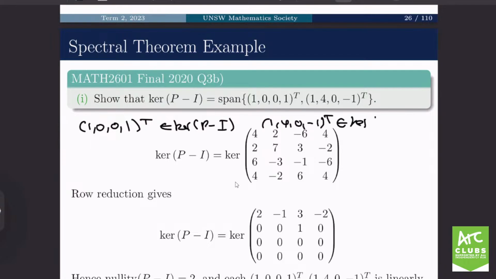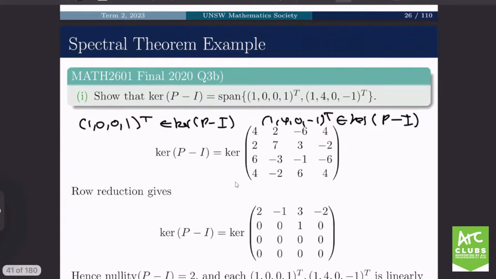Further, you can see that these two vectors are linearly independent, because we have a 0 there and a 4 there. Two linearly independent vectors would imply that the kernel of P minus I has dimension 2.